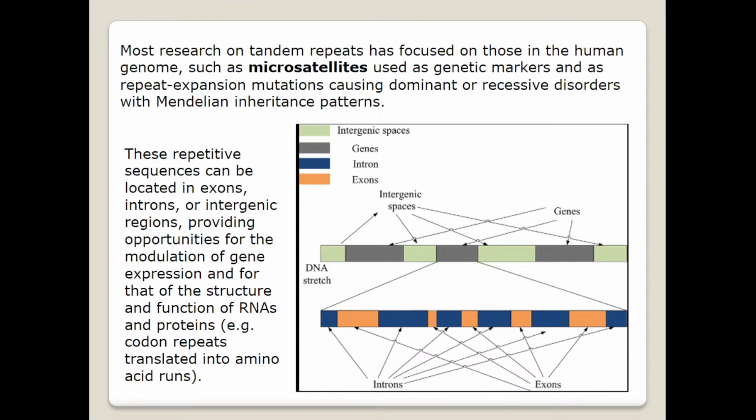Also, when we speak about polymorphism, we need to understand where the polymorphism is located. On this slide you can see many different positions or parts in our genetic material, in our chromosome or DNA.